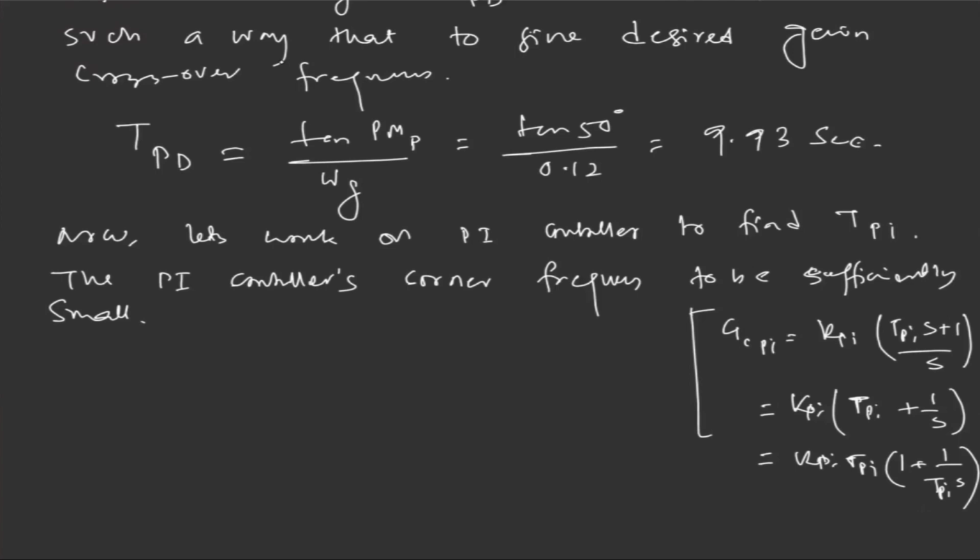So we can write 1 by T_PI equal to 0.1 omega z.